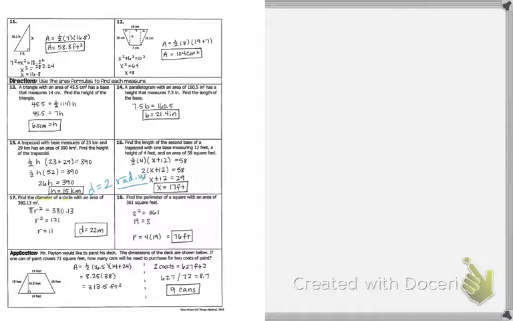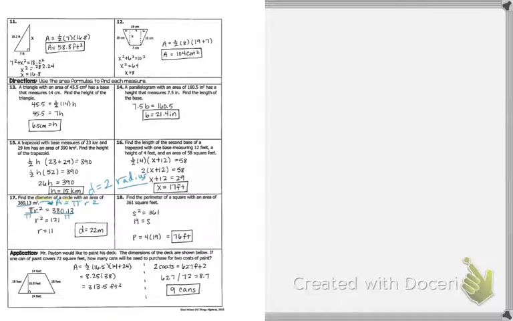So, here we have area is pi r squared. So, here's my area. Plugged it in, 380.13. We're dividing by pi.